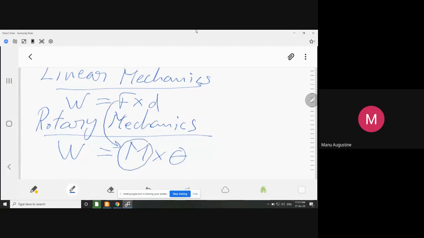Whenever linear mechanics is replaced by rotary mechanics, moment is always going to replace force, and the linear displacement will always be replaced by angular displacement. Or in short, we write it as theta, phi, alpha, gamma. These are the symbols that we use for rotary displacement or angular displacement. So it's as simple as that.